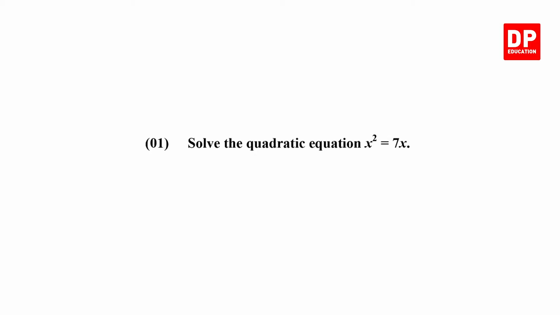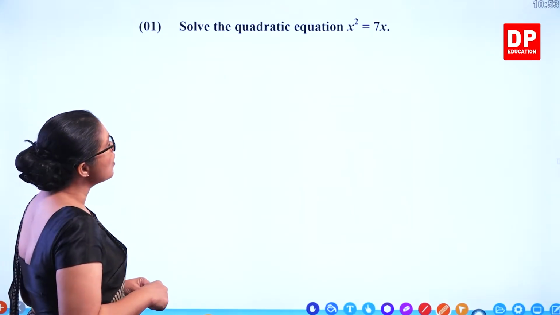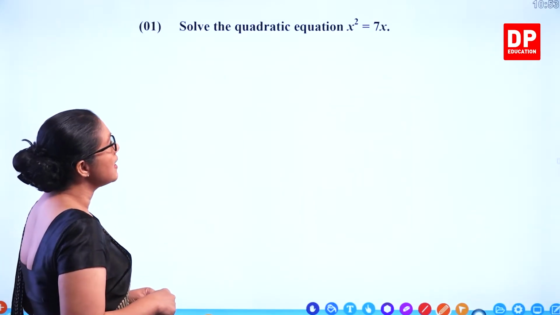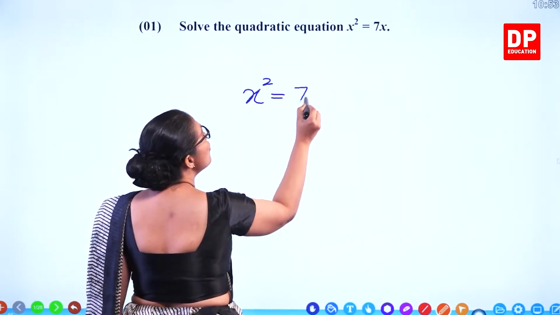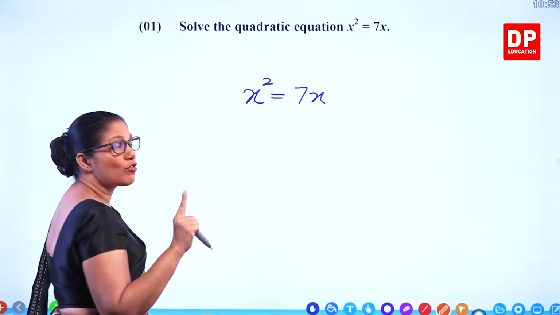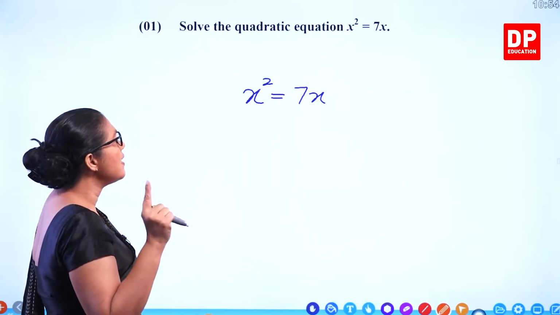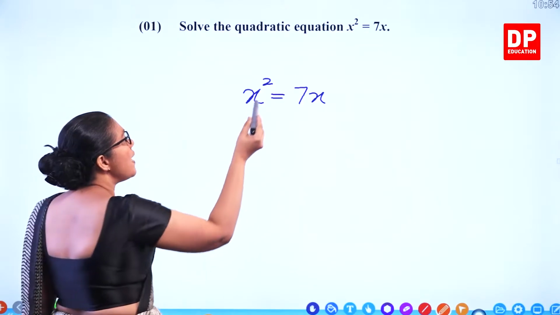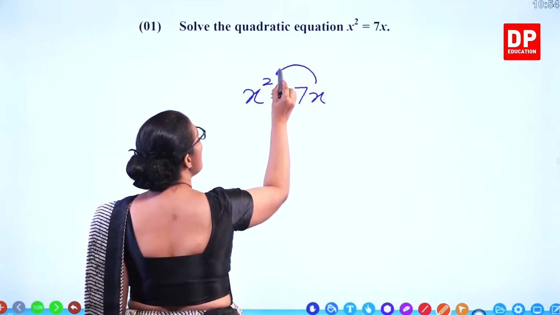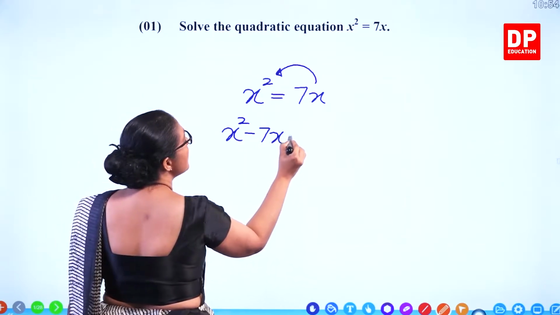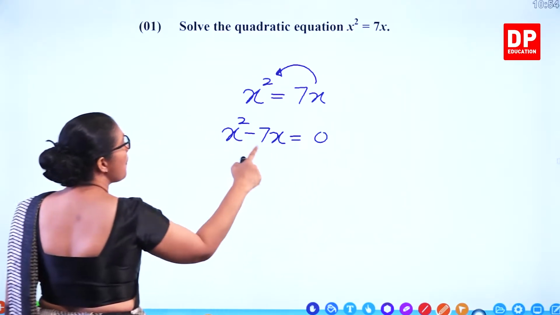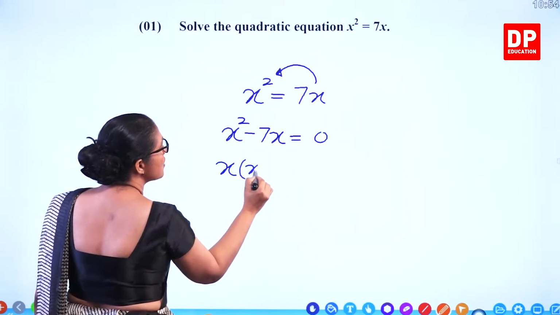Question number 1. Solve the quadratic equation x squared equals 7x. Now when you take this one, don't try to cancel x's. That's wrong, so you are missing a solution. The best thing is to take all terms to one side and factorize. x squared minus 7x equals 0. x is common, take it out.